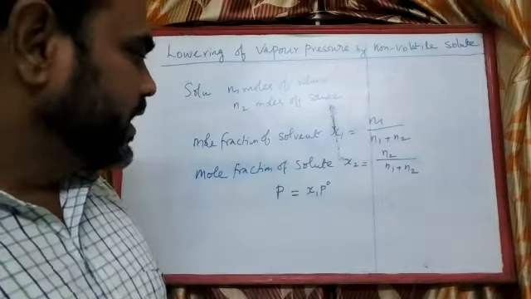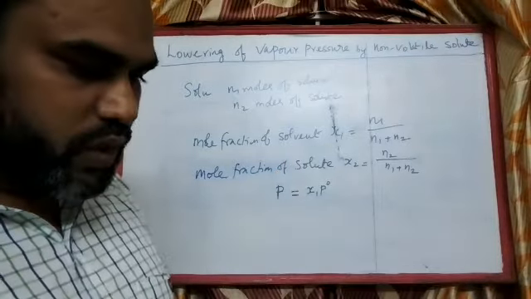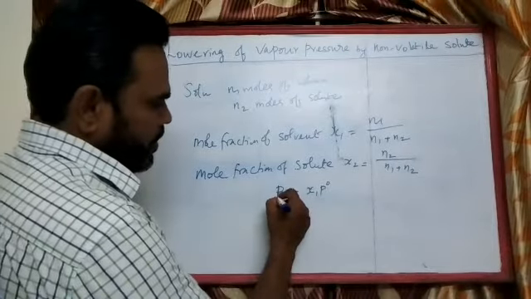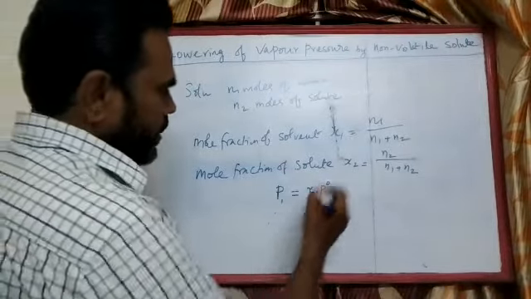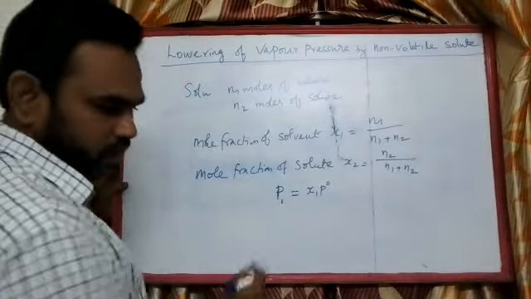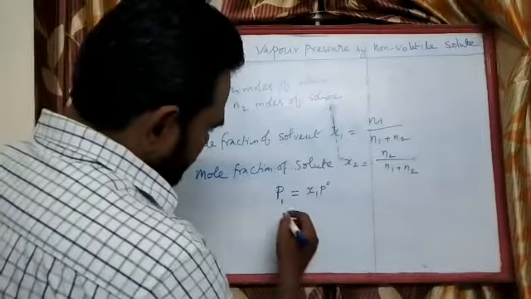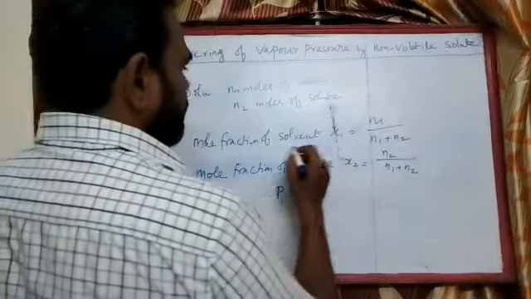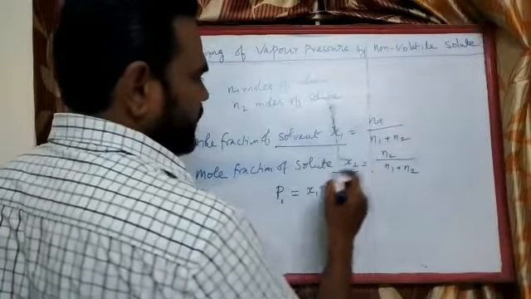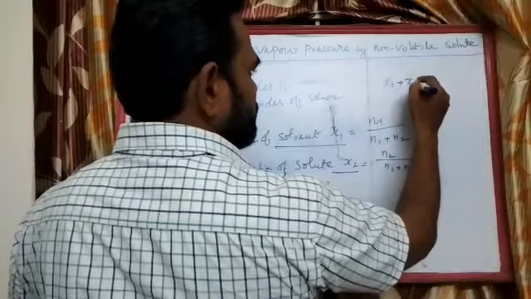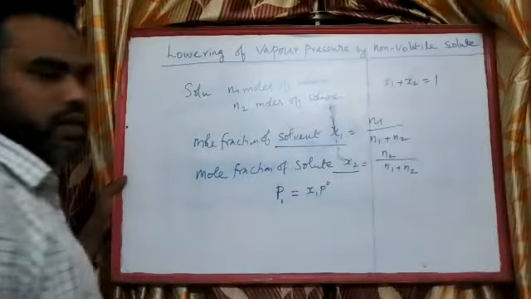Let us expand this equation. P1 is the vapor pressure of the solvent. We already know that in a solution the mole fractions of solvent and solute add up: x1 plus x2 is equal to 1.